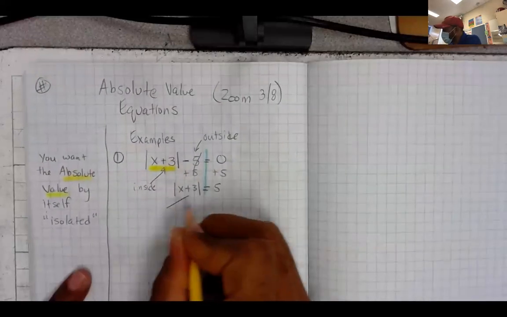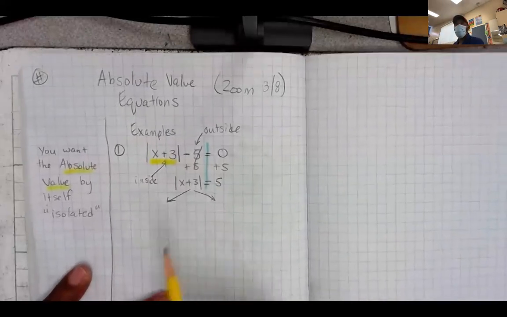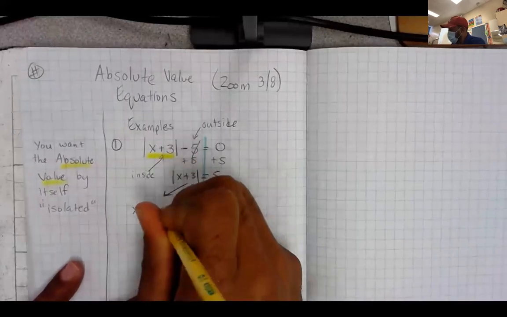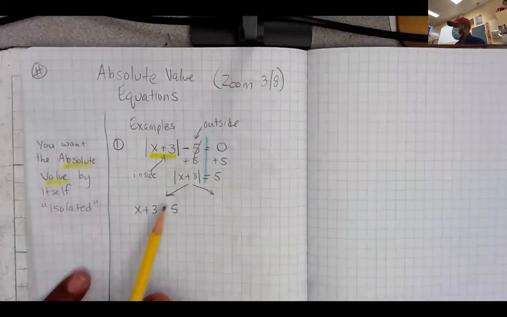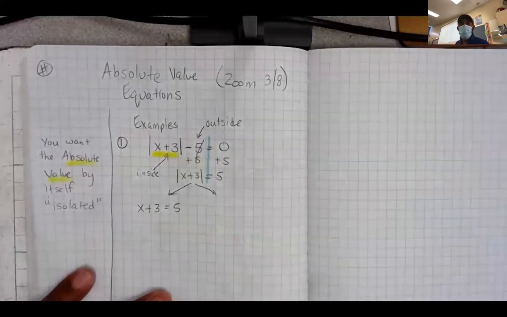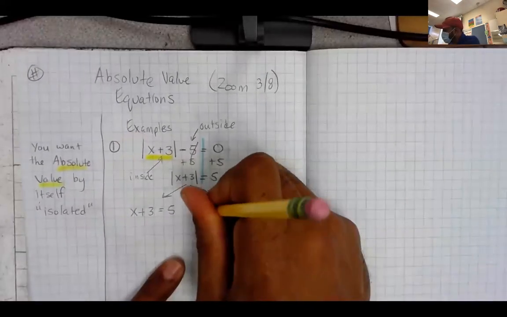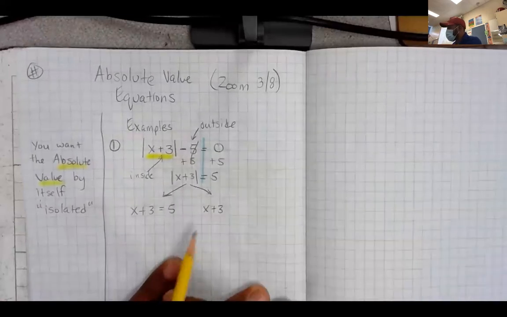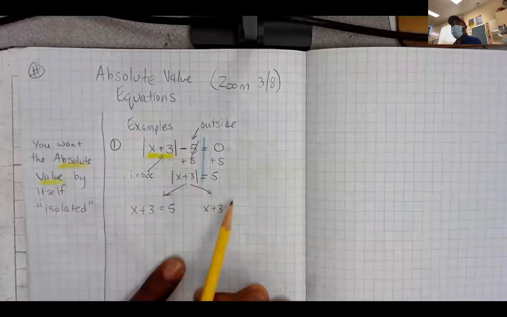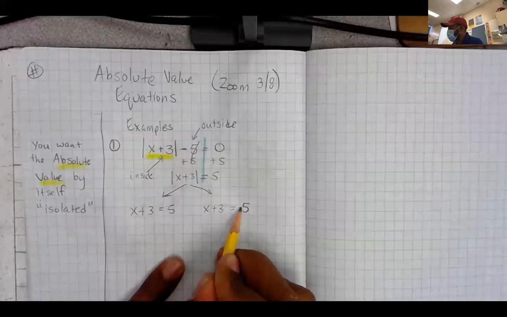The way we do that is we split this up. So now the first equation, we basically just copy the same thing without the absolute value bars. And Adam, to answer your question, yes, we would always get 2 answers. All right, the second equation, repeat the same first part of the absolute value, but on the right side, this number is now negative.